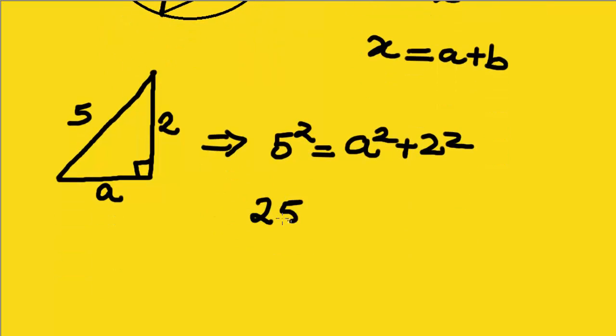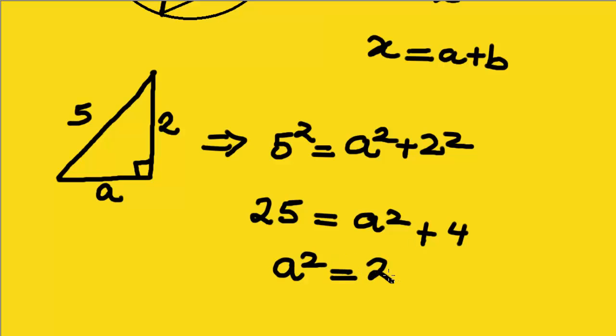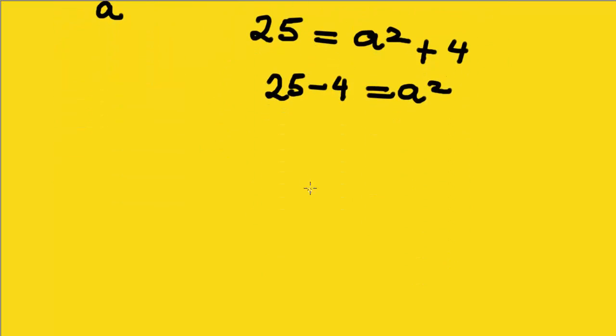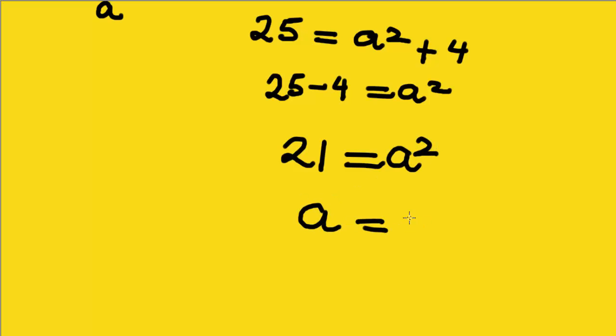That means 25 equals a squared plus 4. So 25 minus 4 equals a squared. 25 minus 4 is 21, which equals a squared. Therefore, a is the square root of 21.